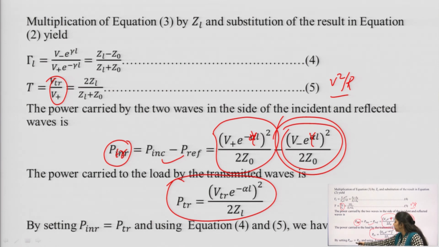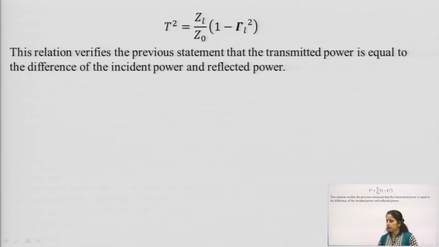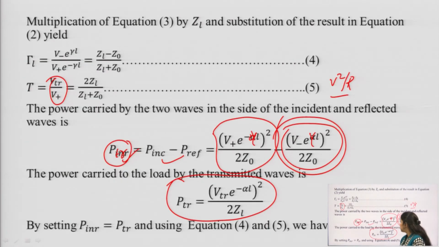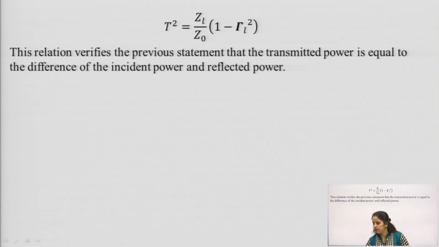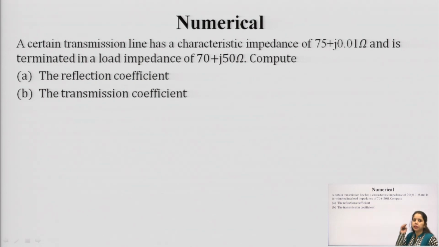We have already let PIN be equal to PTR, and as per this, when we substitute the values, we come up with another expression of T, which is our transmission coefficient, equal to ZL upon Z naught times 1 minus tau L square, where tau L is our reflection coefficient. Now, let us do one numerical related to the transmission coefficient and the reflection coefficient.